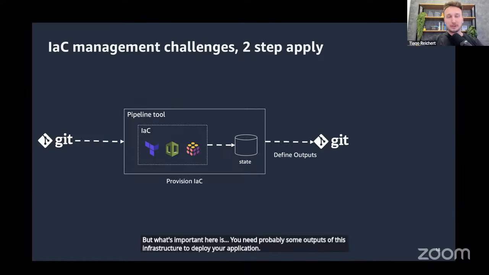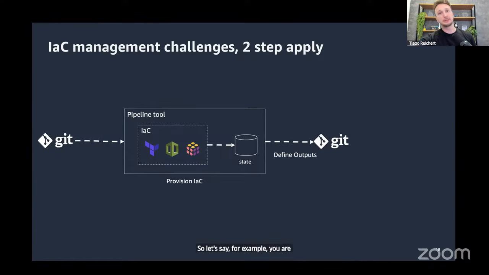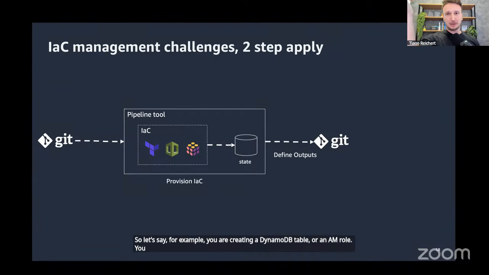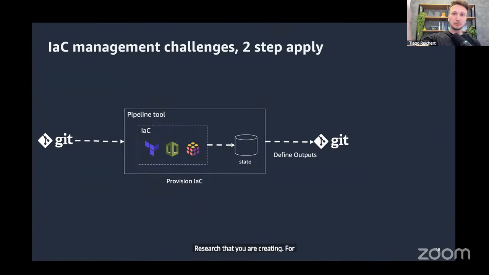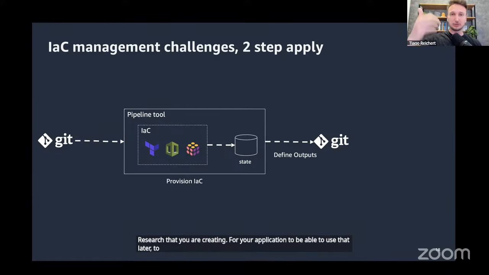So let's say, for example, you are creating a DynamoDB table or an IAM role. You probably will need the name of that DynamoDB table. You will need the name of that IAM role or the ARN of that resource that you are creating for your application to be able to use that later, to reference that database or that table, for example.